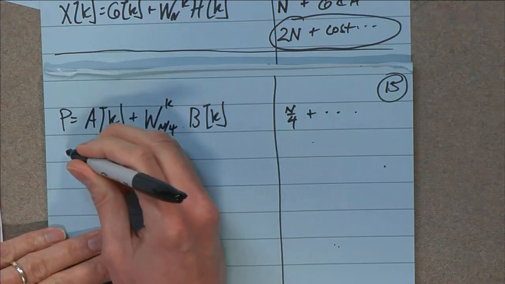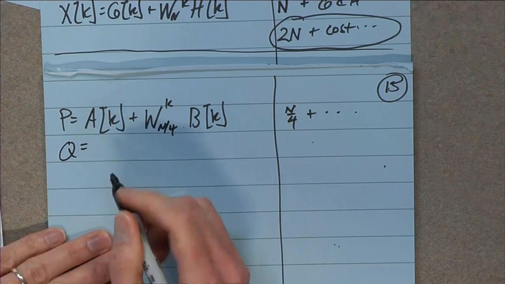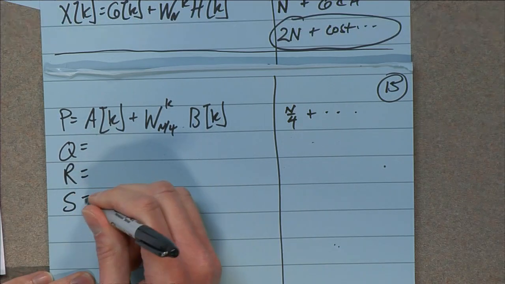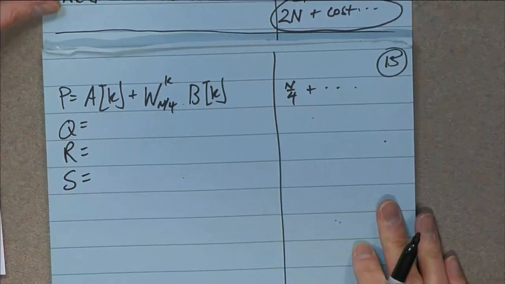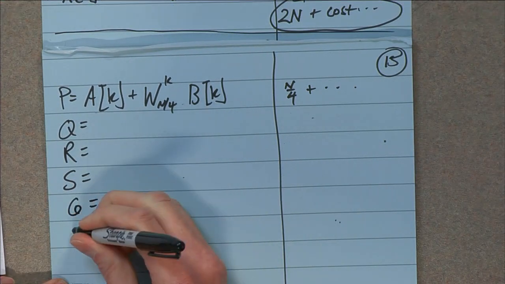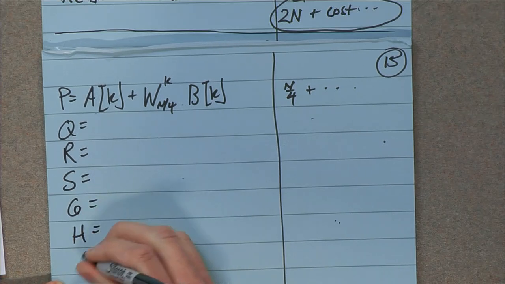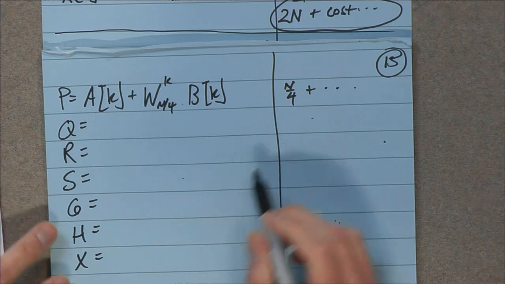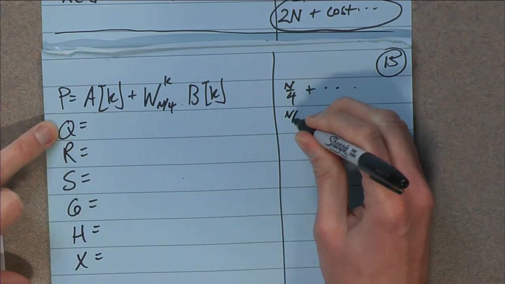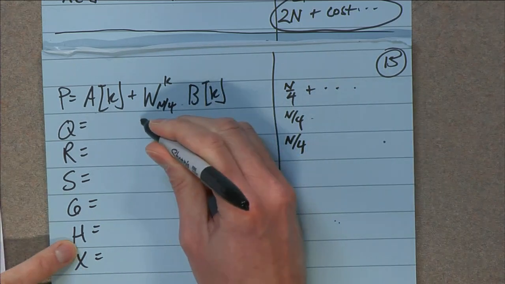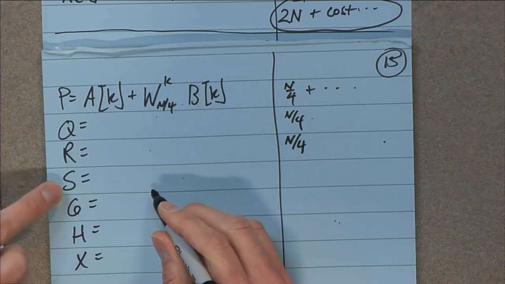And the point of it is, if we break up Q into something, R, S, this is starting to get a very long list, but you have Q, R, S, and G, and H, and finally X. What do we have? Each one of these is an n over 4 point sequence. Why? Because each of them requires this.